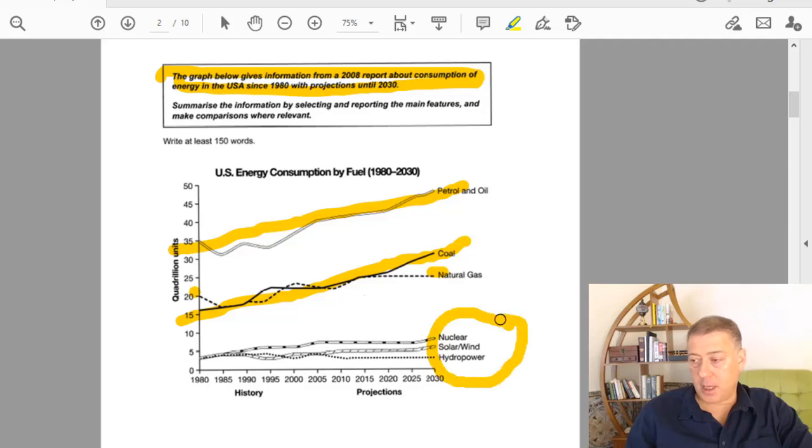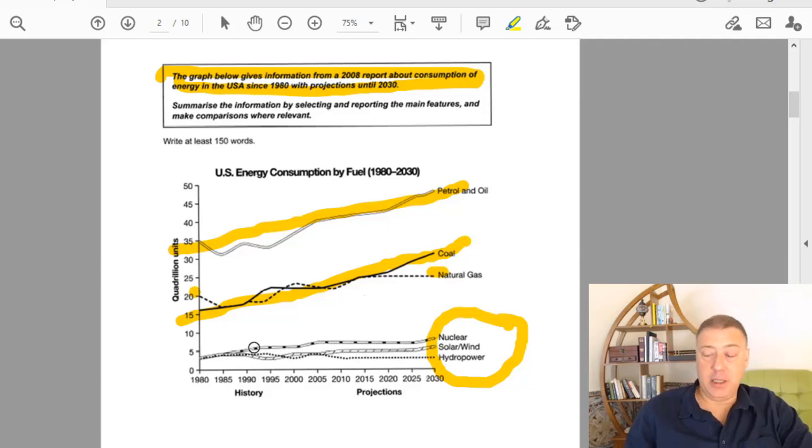This is what I meant by, you've got to mention nuclear, solar and wind power, and hydropower, but you don't necessarily have to go into a lot of detail about each of them because they are doing approximately the same thing. Technically hydropower looks like it decreases a little bit. Solar and wind looks like it stays about the same, maybe increases.